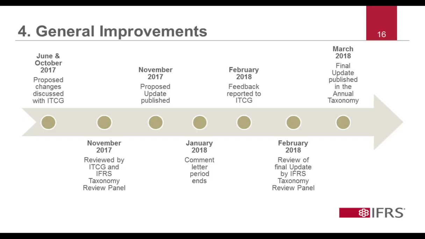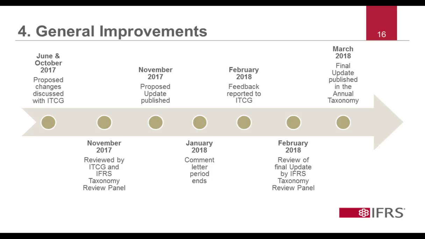Now, the final group of changes, which is not related to amendments or new IFRS Standards, was included as general improvements. Those changes mainly resulted from the feedback that we received from constituents. Those changes were reviewed by the IFRS Taxonomy Review Panel to ensure that they are consistent with the IFRS Standards.